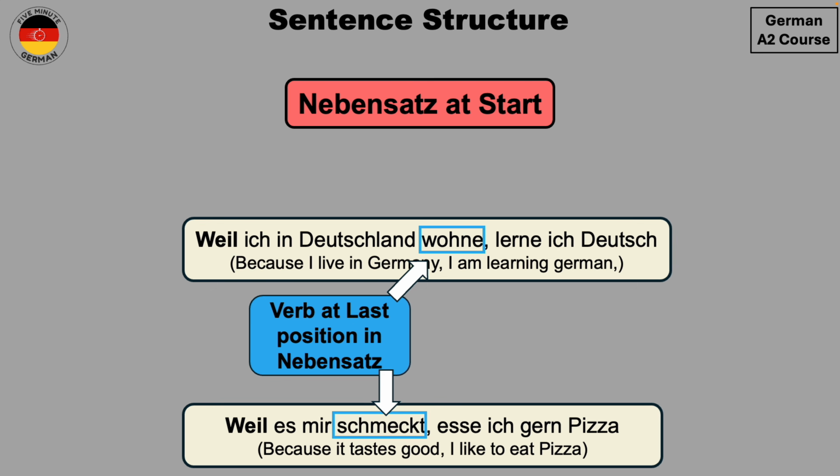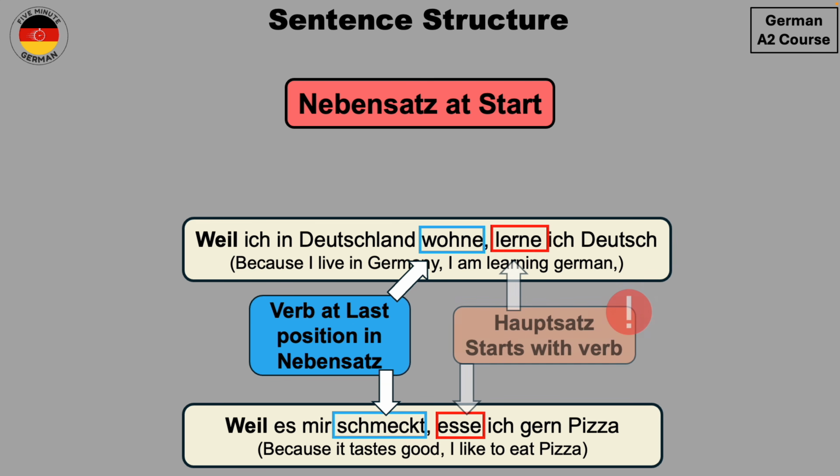However, for Hauptsatz there is one small change, and that is that the Hauptsatz starts with the verb and not with the personal pronoun after the comma. So if you write a sentence like this with the Nebensatz at the start and the Hauptsatz after the comma, then you must remember that after the comma you will start with the verb, as you see over here. So this is just a small piece of information that you should keep in mind.